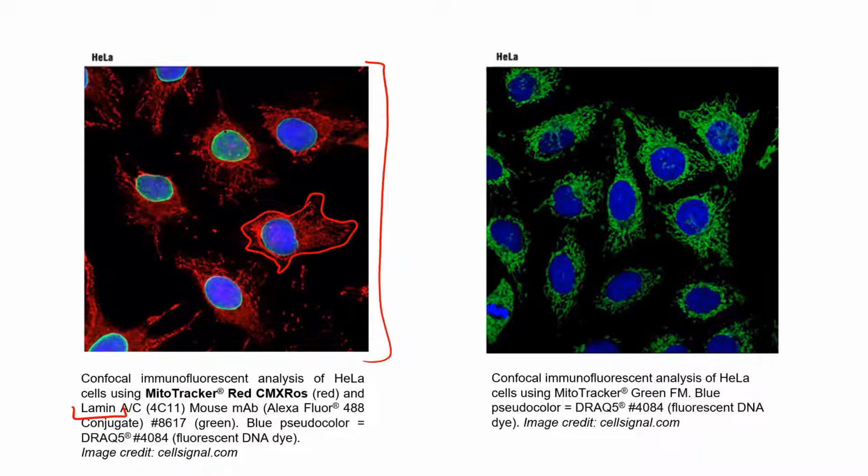The nuclear envelope contains, in this case actually 2 particular proteins, and they were aiming at those. Here you can see the red mitochondria, and they're spread evenly in the cytoplasm.